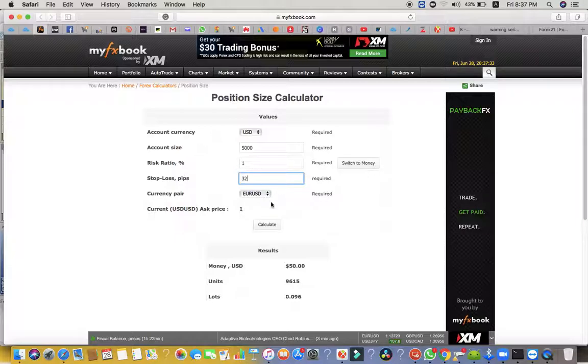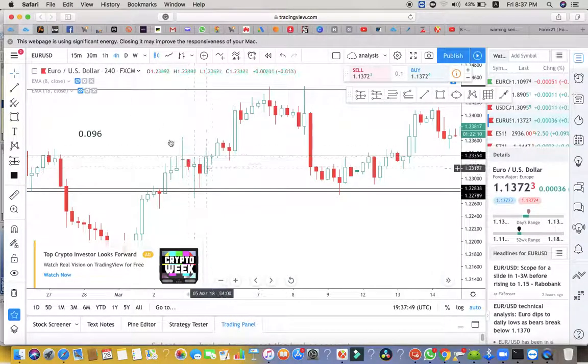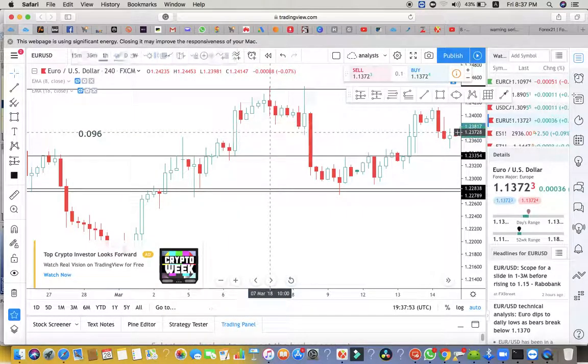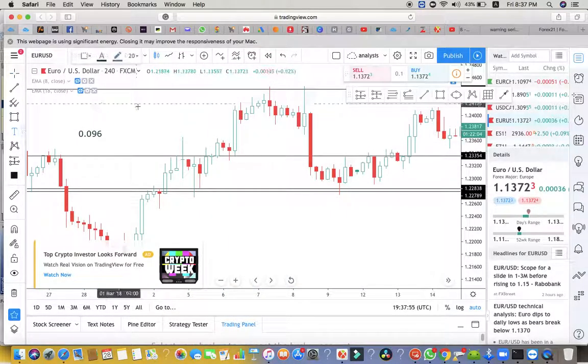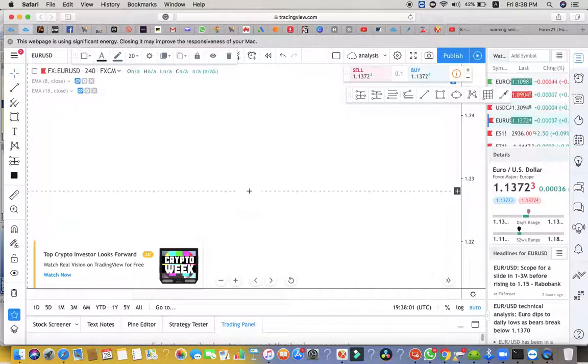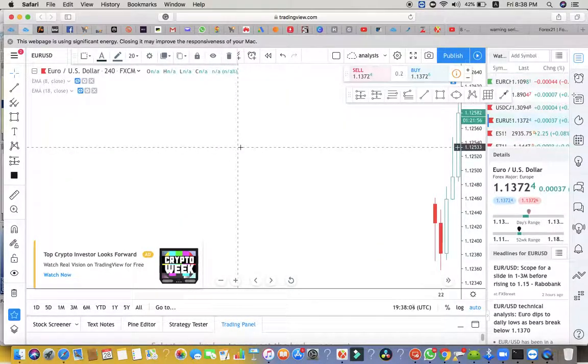Euro US dollars currency pair, calculate now. See, it's higher, 0.156. You see it, 0.156. I don't know if you understand. Okay, that's what it is. So 0.16.